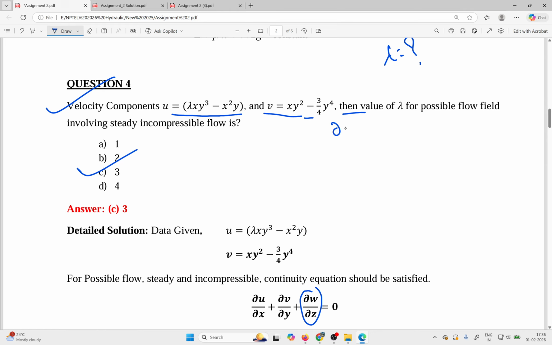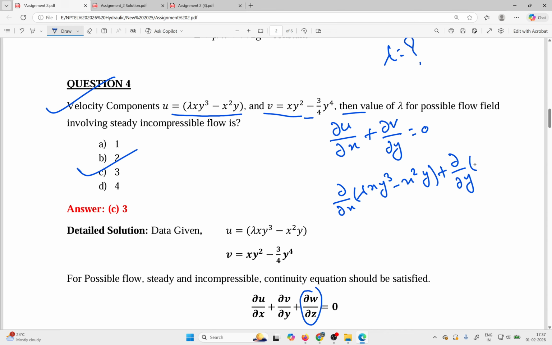So del u by del x plus del v by del y is equal to 0. So del u by del x: here you have to write lambda x square y cube minus x square y, plus del by del y of x y square minus 3 by 4 y to the power 4, equal to 0.